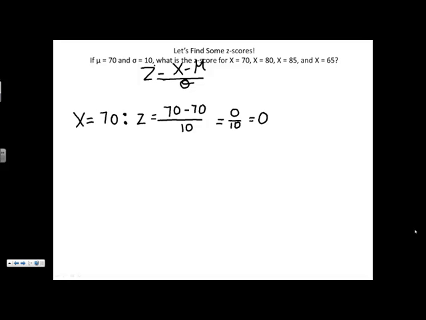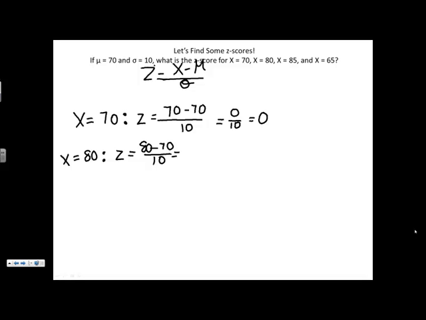All right, let's try the next one. So when x is equal to 80, what is the z-score in this distribution? Well, it's equal to 80 minus 70 divided by 10. See, the only thing that's changing when we're using the same distribution with a mean of 70 and a standard deviation of 10 is the value for x. We're still subtracting 70 in the numerator and dividing by 10 in the denominator.